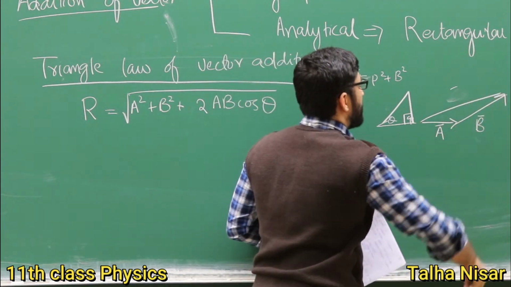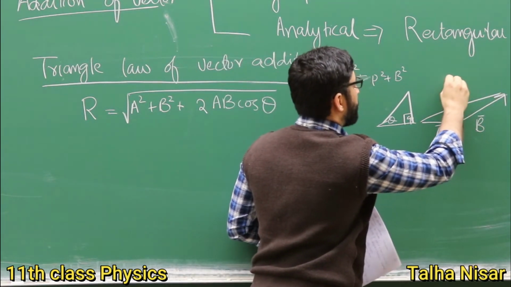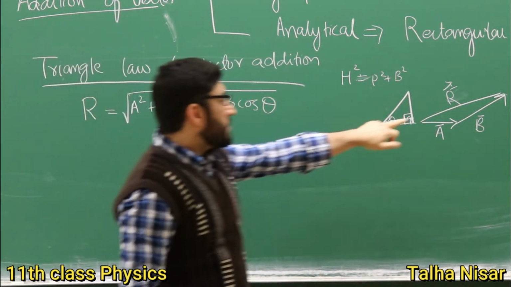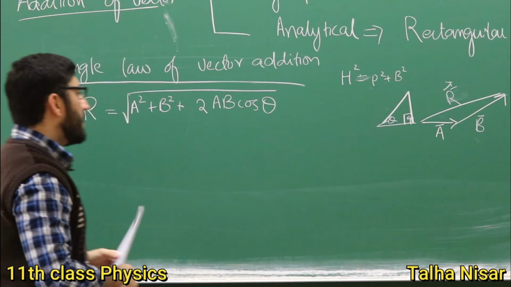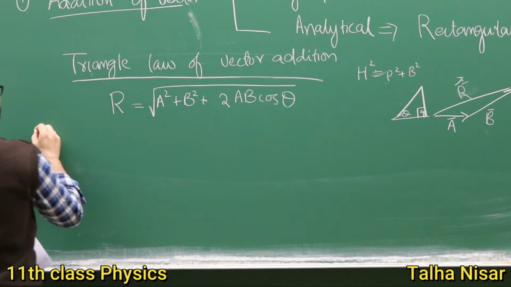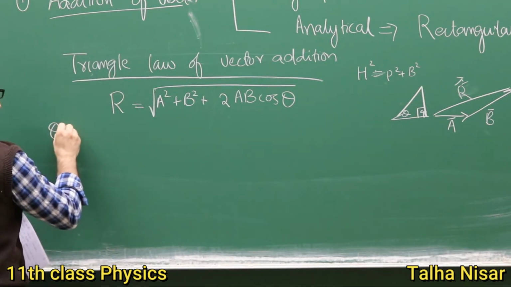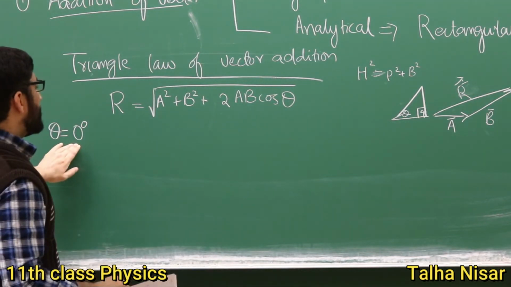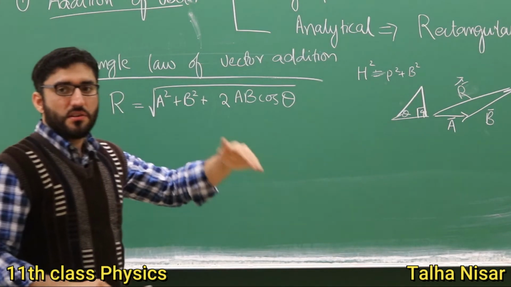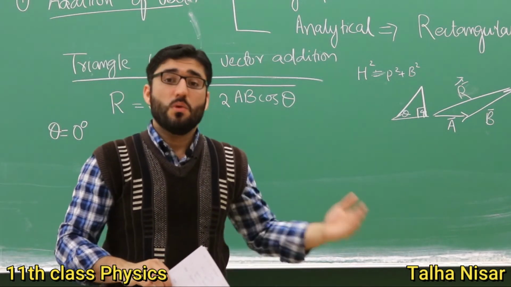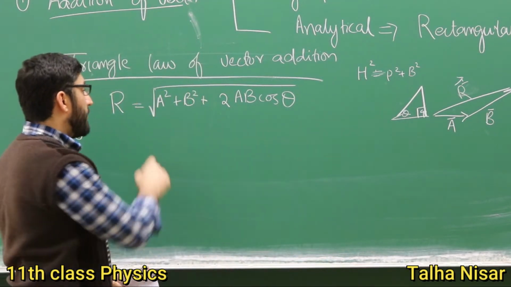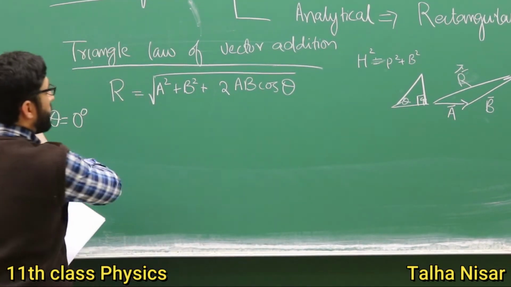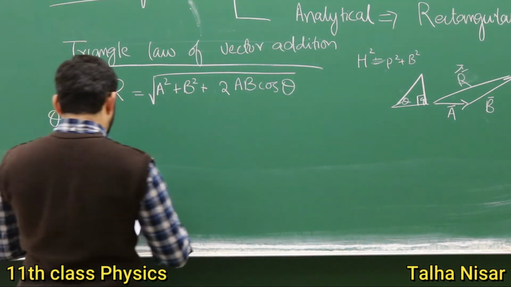Today this is the resultant vector, so we just use R, and we have A and B. We will use different angles, for example, we start with 0. When theta is 0 degrees, what will be the answer? And if we change the angle, what will happen to the magnitude of the resultant vector?